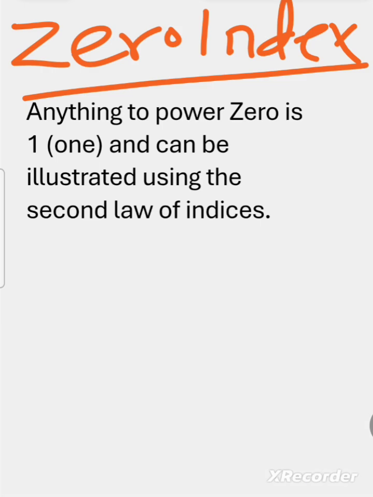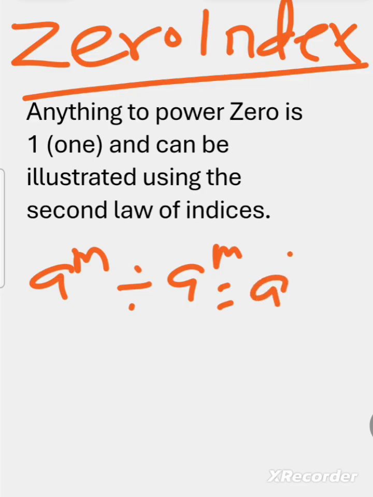How do we prove this? Suppose we have a power m divided by a power m, and these are the same numbers. So this is the same as a power m minus m, because this is the second law of indices.